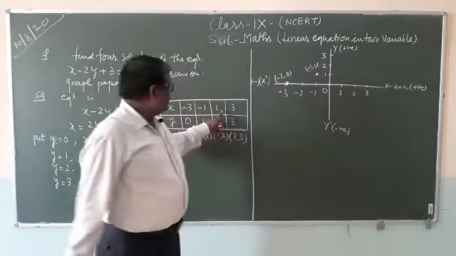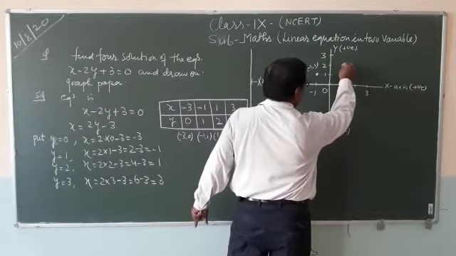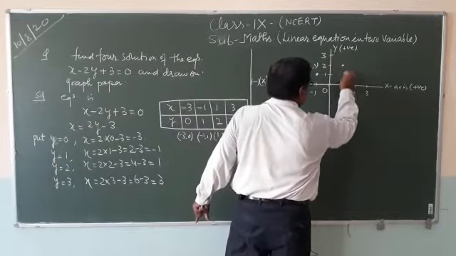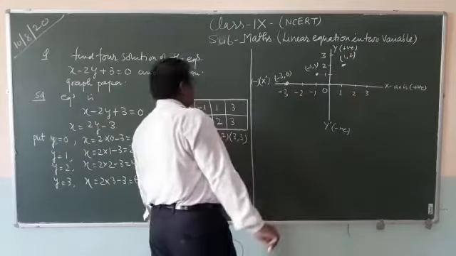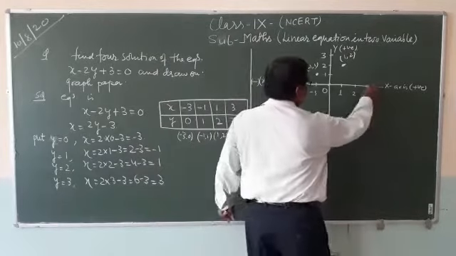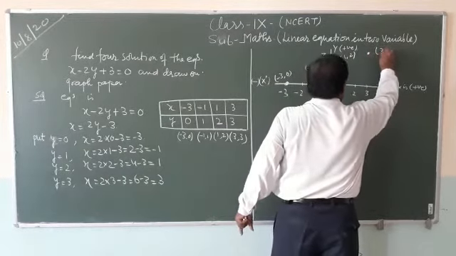Again x is equal to 1, y is equal to 2, both intersect at this point, 1, 2. Again x is equal to 3 and y is equal to 3, this one is 3, 3.